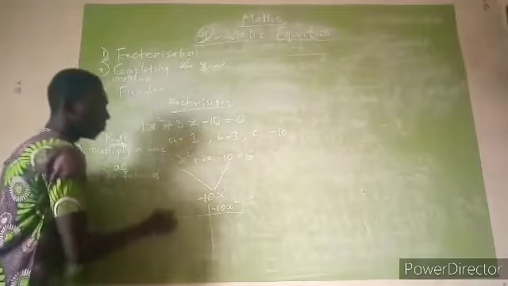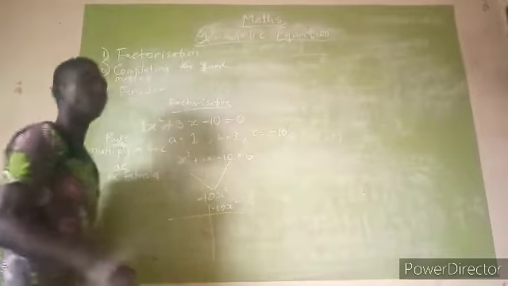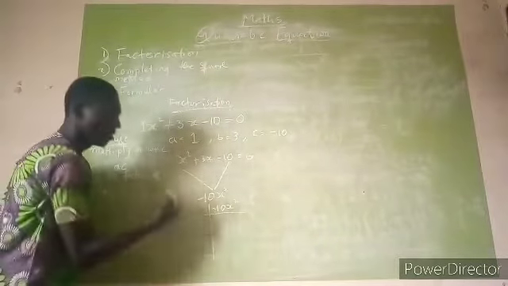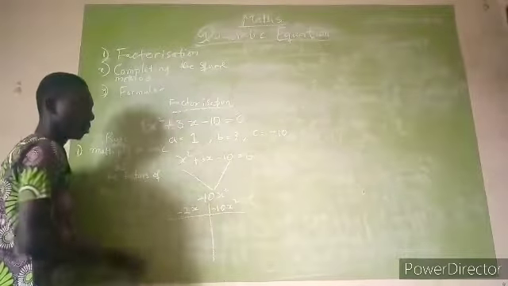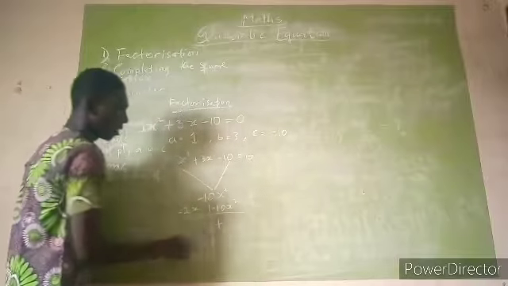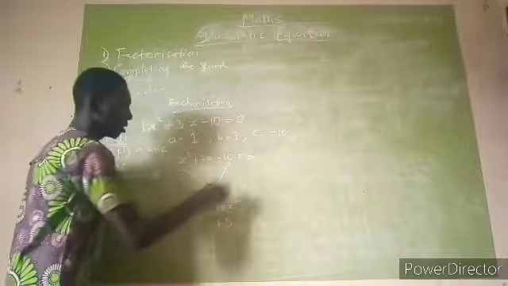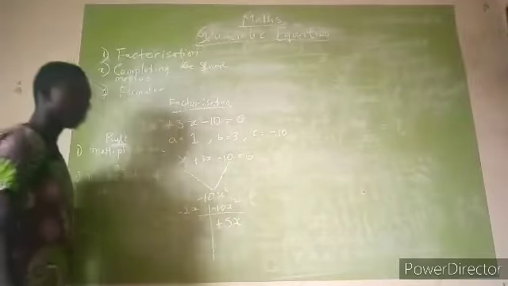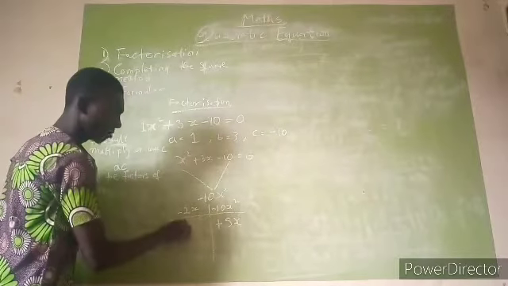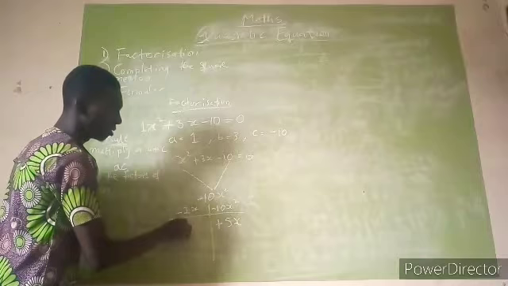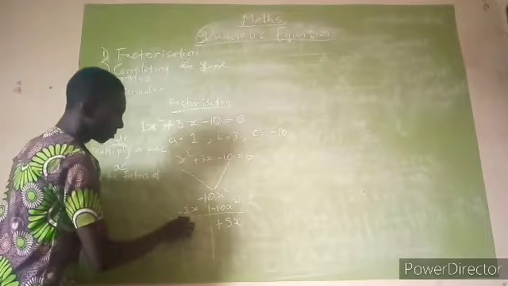What can divide minus 10x squared? Probably the first thing we would think of is minus 2x. Minus in minus I have plus, 2 in 10 I have 5, x in x squared I have x left. Good. What else can go here? It's just plus 5.